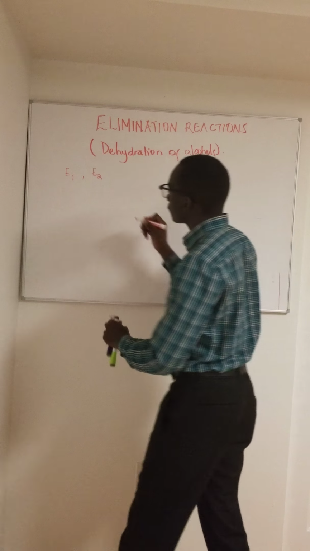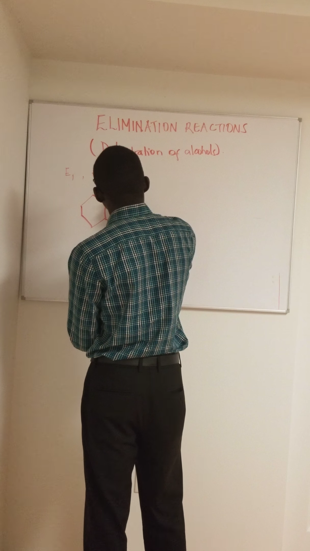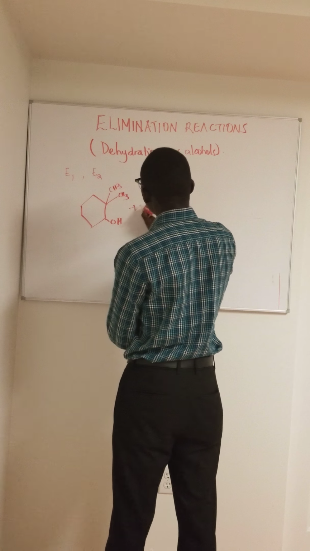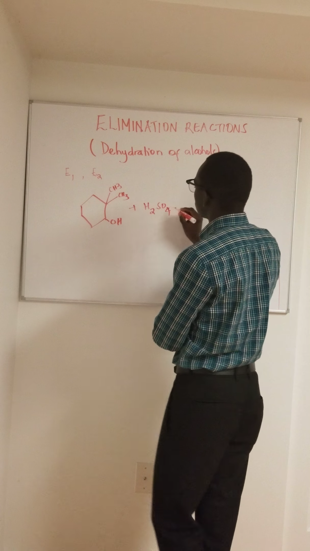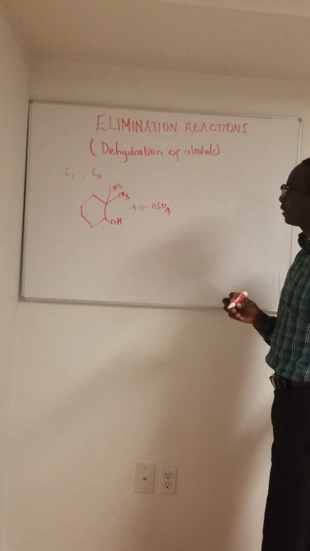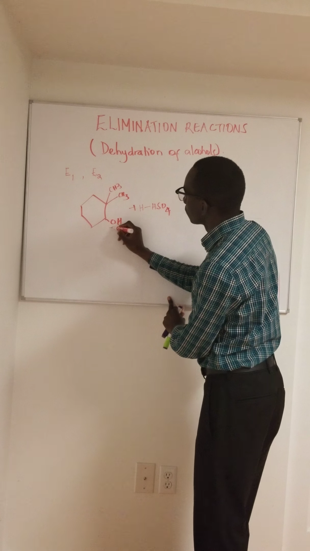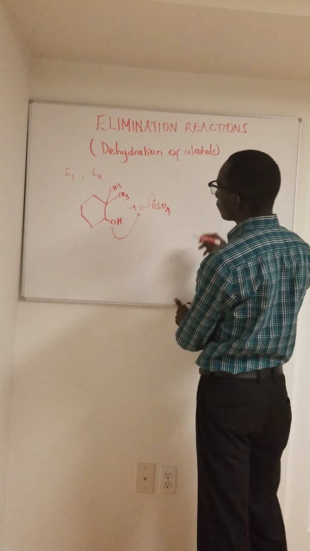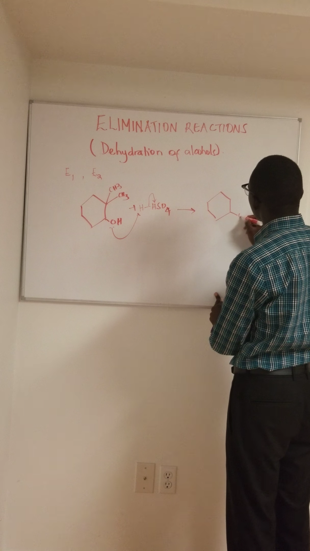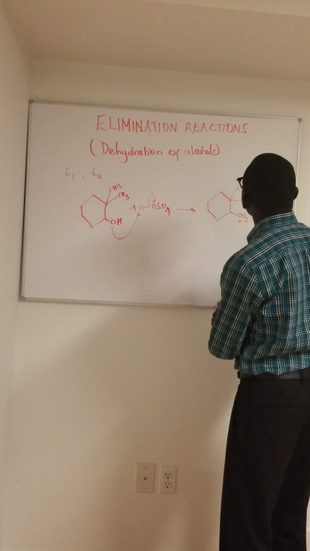If I have a structure like this and I want to find the final product, what I will do is this: this oxygen will attack this hydrogen, that bond breaks off, then I'll have this protonated alcohol and these two methyl groups.